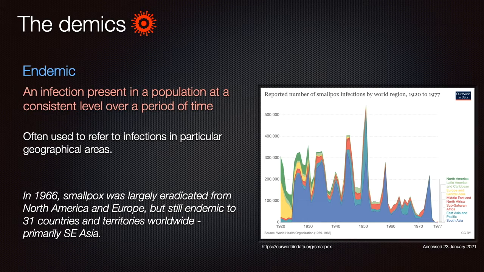However, we still see smallpox endemic to 31 countries and territories around the world, and those are dominated in particular by countries and regions in Southeast Asia, which is the blue here. As with outbreak, as with most of the terms we're discussing today, we'll often hear endemic used to describe non-infectious diseases as well, such as heart disease.